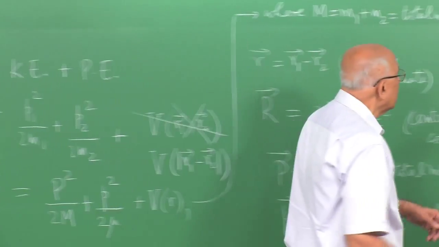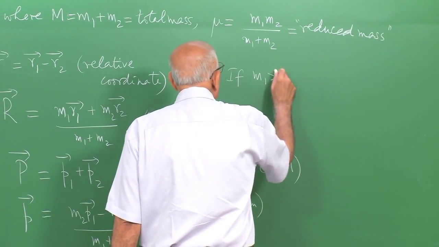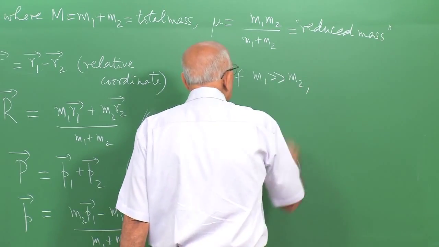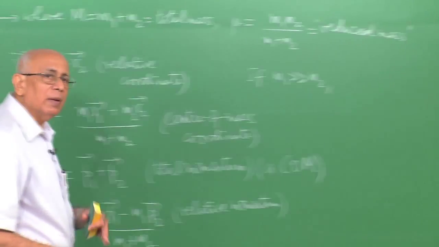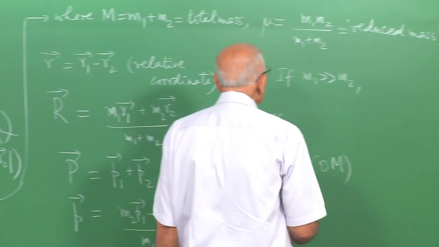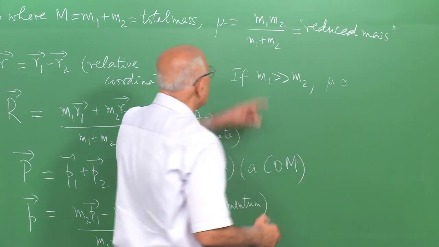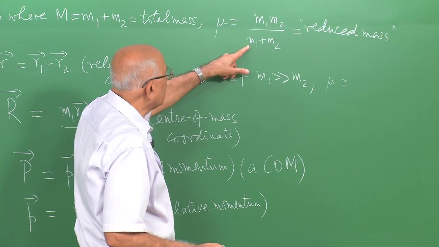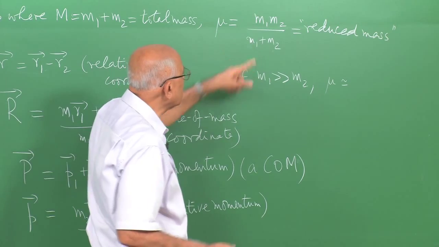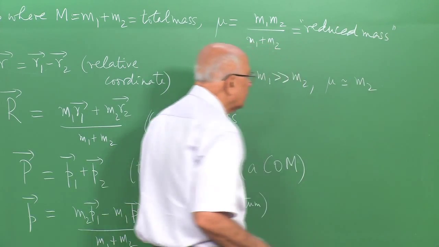Now notice something about this reduced mass. Notice that if m1 is much greater than m2, so one of the particles is very much more massive than the other one, then mu is approximately equal to, you can neglect this m2 compared to this m1, the m1 cancels out, then this is approximately equal to m2.